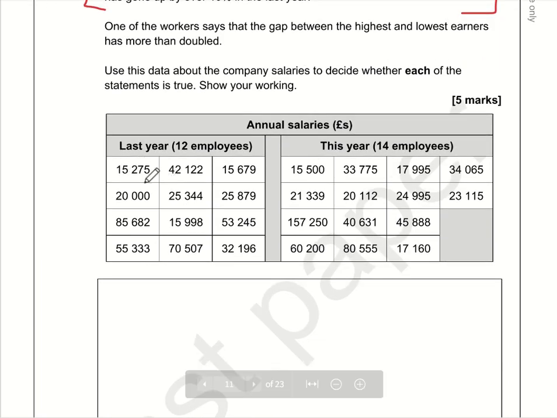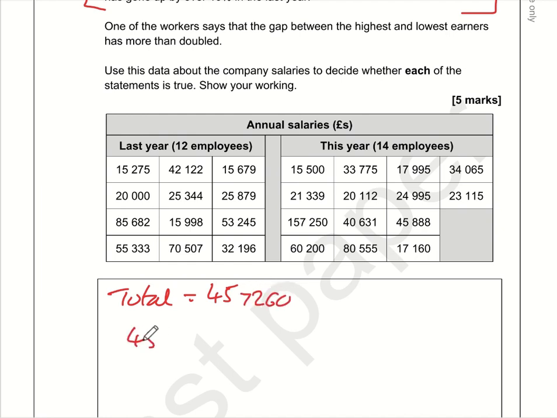So the mean is going to be all of these numbers here added together divided by 12. So if you add these numbers together, we should get a total which is 457,260. So 457,260 divided by 12 is 38105. So this was last year.